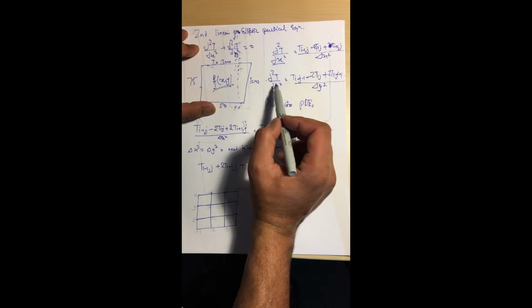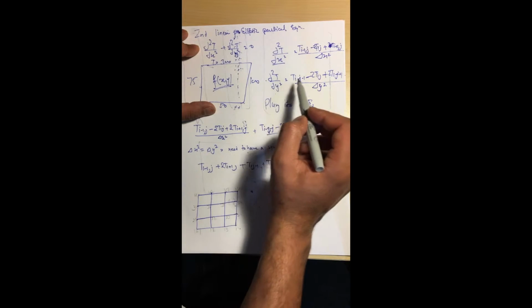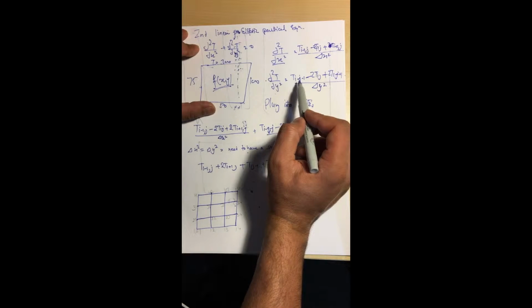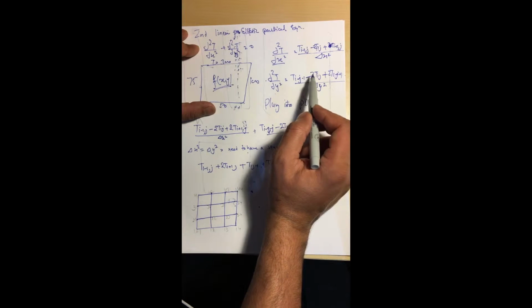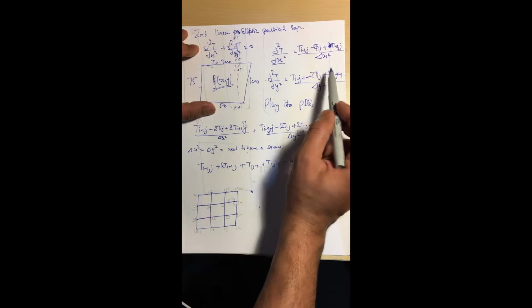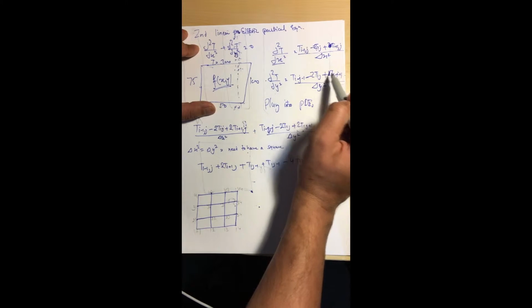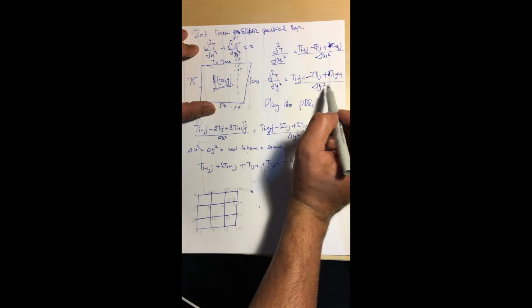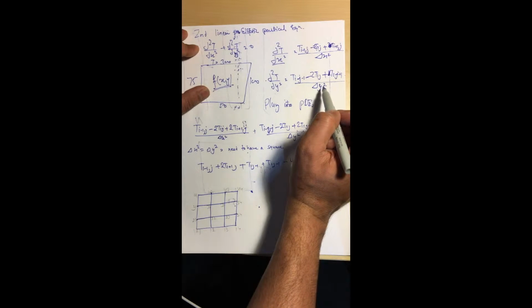And for y, d²T/dy² is T(i,j-1) minus 2T(i,j) plus T(i,j+1), divided by delta y squared.